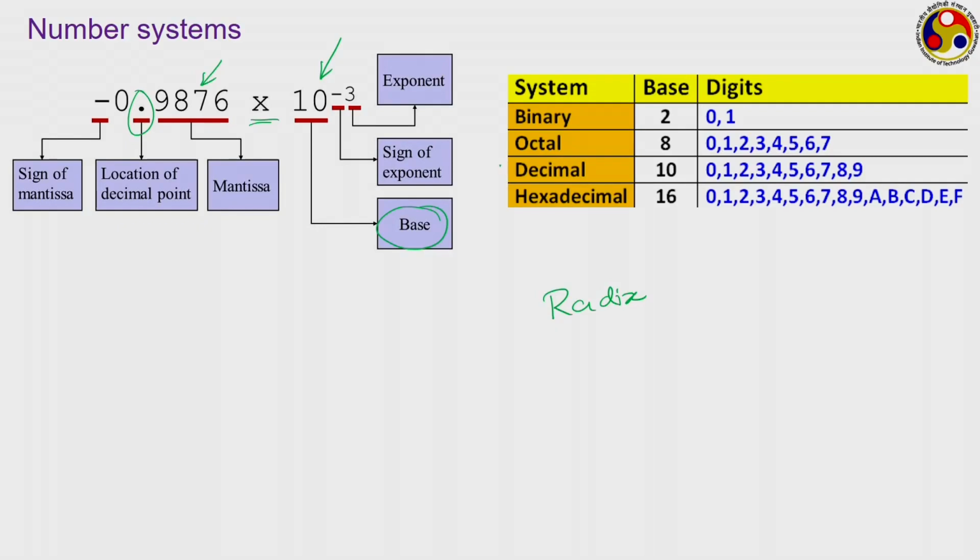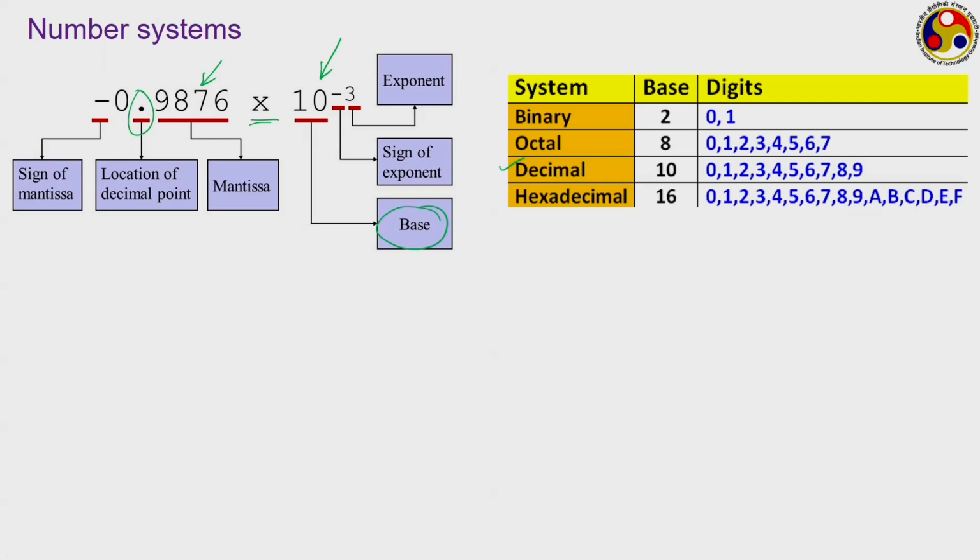Decimal refers to the base of 10, that means there are 10 possible digits starting from 0 up to 9. But we can also have the binary data set where we have just 2 digits, 0 and 1. We can have the octal data set where we have 8 digits, 0 to 7, and we can also have the hexadecimal data set starting from 0 to 9 and then A, B, C, D, E, F. Here A corresponds to 10 in decimal, B corresponds to 11 in decimal, and this way we shall shortly be seeing their correspondence.